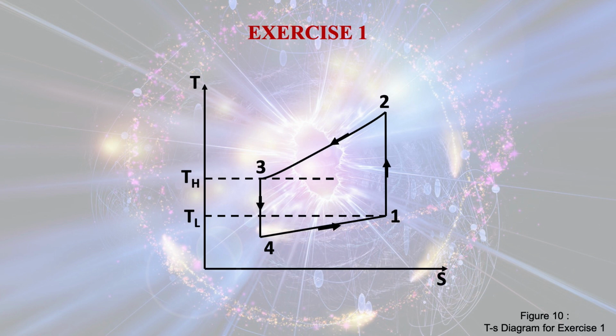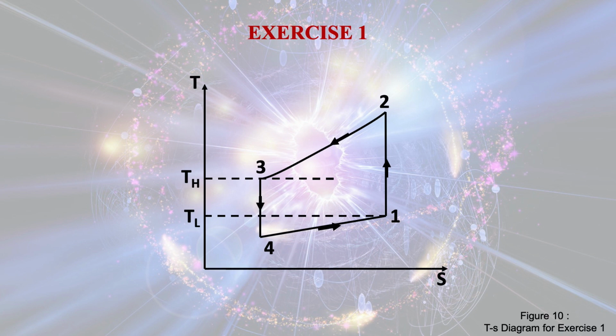This is the TS diagram for exercise 1. When you solve any problem, it is better to draw the TS diagram, that is the temperature entropy diagram. Here you see 1 to 2, this process is isentropic compression process.